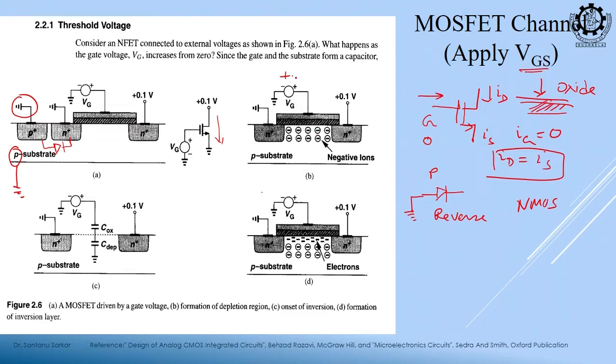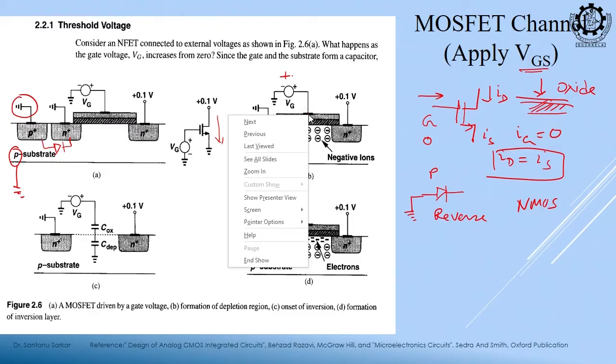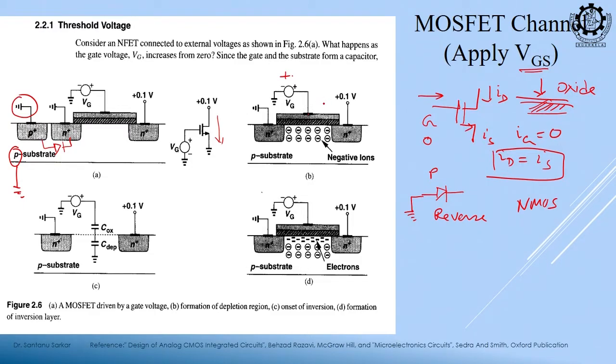So, if I apply a positive potential at gate and start from 0, slowly I am building up this voltage. So, what will happen? This positive voltage on the gate electrode will repel all the positive holes below it, right, below the channel. So, all the holes will move down.